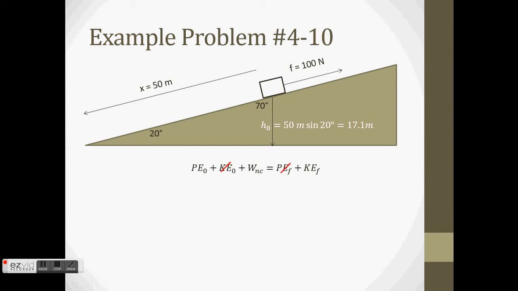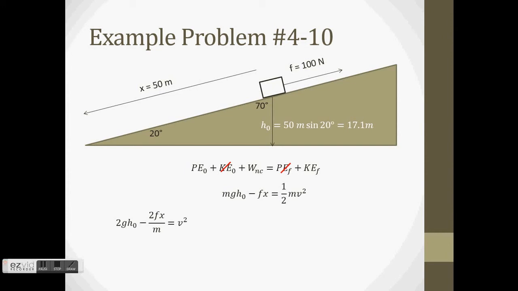First thing to point out, if I start at rest, my initial kinetic energy is 0. If I end up at the bottom of my ramp, my final potential energy is 0. So really, initial potential energy plus any work done by non-conservative forces equals final kinetic energy. So I have mgh initial minus F times x, the negative because friction is doing negative work, equals 1/2 mv final squared.